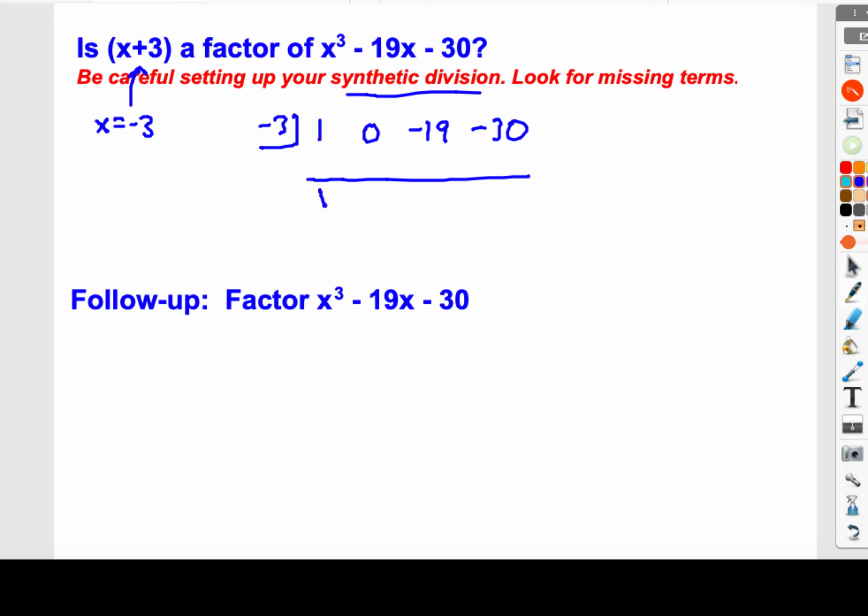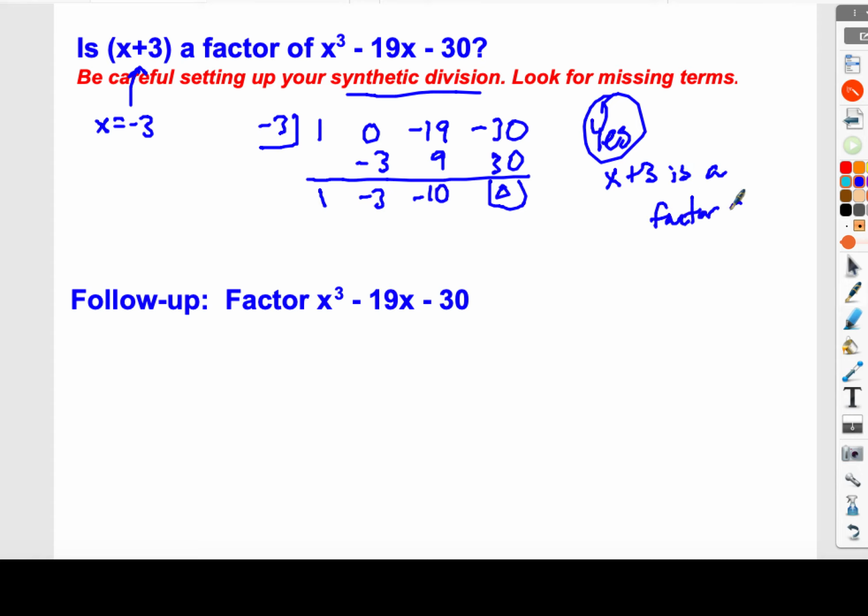And we can drop that 1, multiply by -3, -3, multiply again by -3, adds to -10, multiply by -3, we get that 0. And because it comes out perfectly to 0, we can say that yes, x plus 3 is a factor. We can even be specific of x cubed minus 19x minus 30.